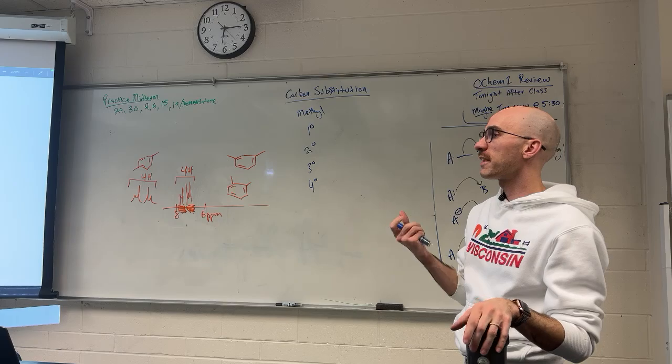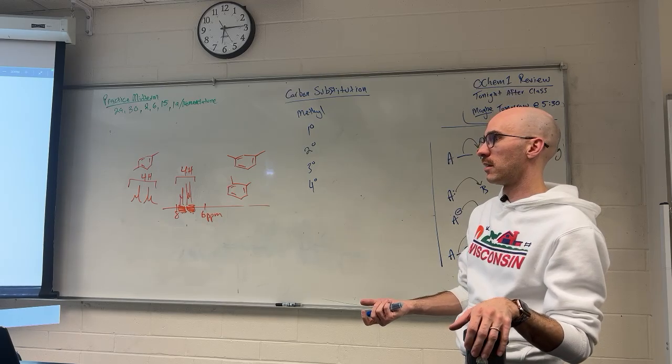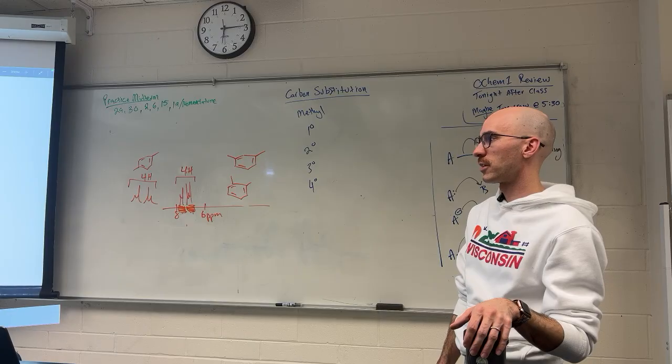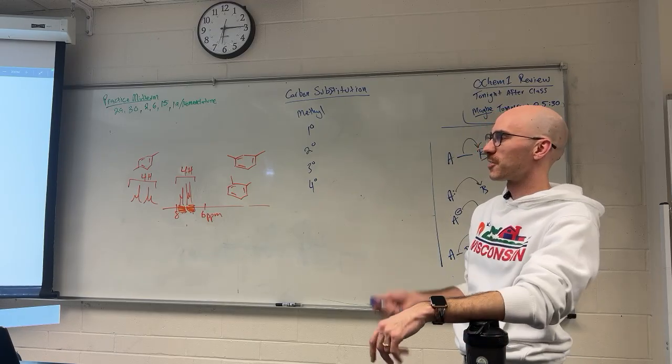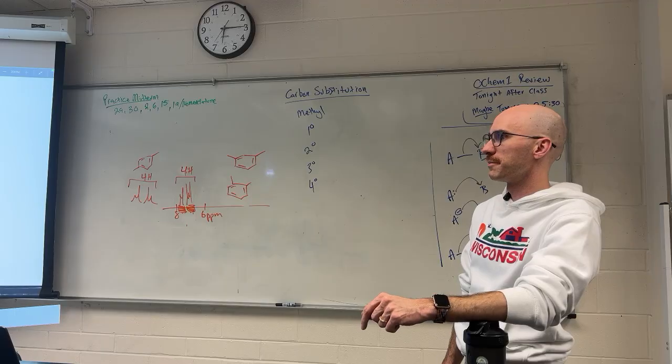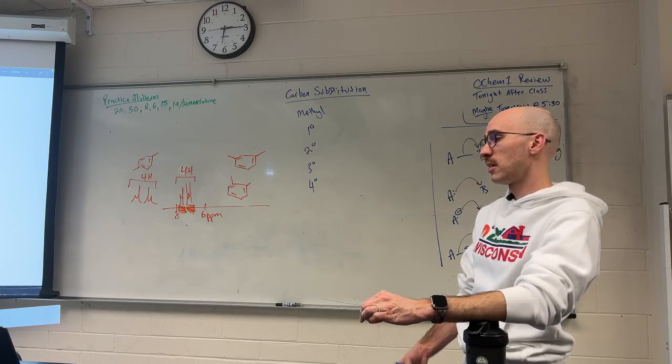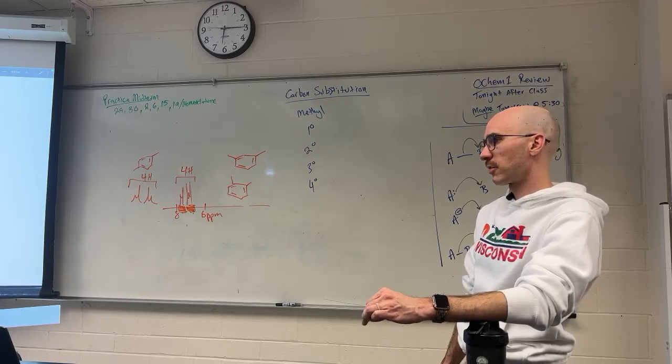Okay, so now that we've identified that, can we predict what the integration for that tertiary carbon's hydrogen signal should be? In other words, how many hydrogens are attached to that carbon? What integration will that signal give?